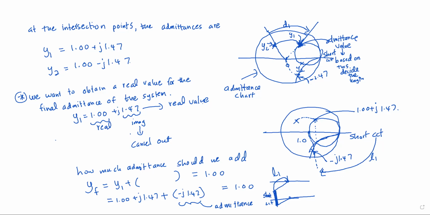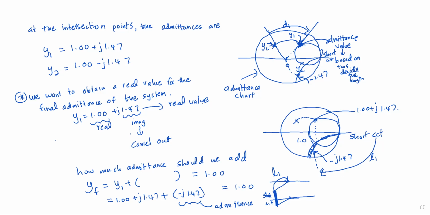So in shunt stub matching, you finally need to decide the line which corresponds to minus j 1.47. You don't need to do any intersection with the unit circle.